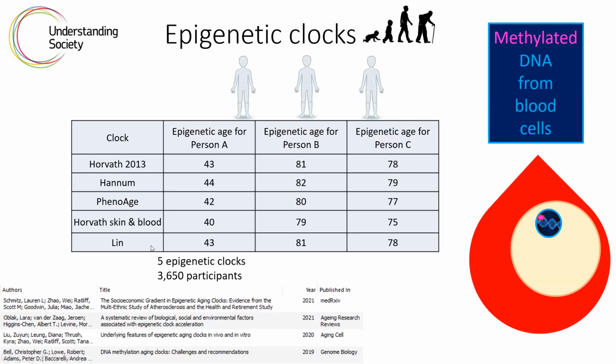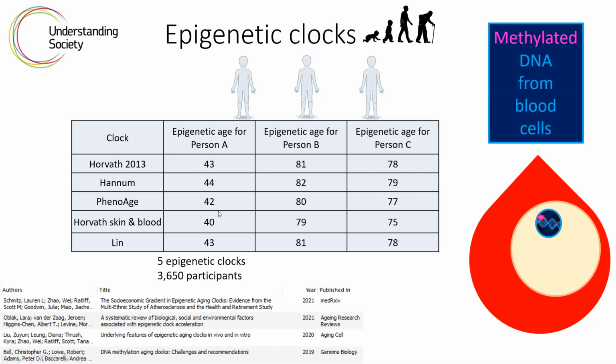One type of methylation signature is the epigenetic clock, which is a score to represent biological aging or wear and tear. These broadly correlate with your chronological age. For example, you can see here, we've got 5 different methods of calculating your biological age, and they're all broadly in the early 40s.